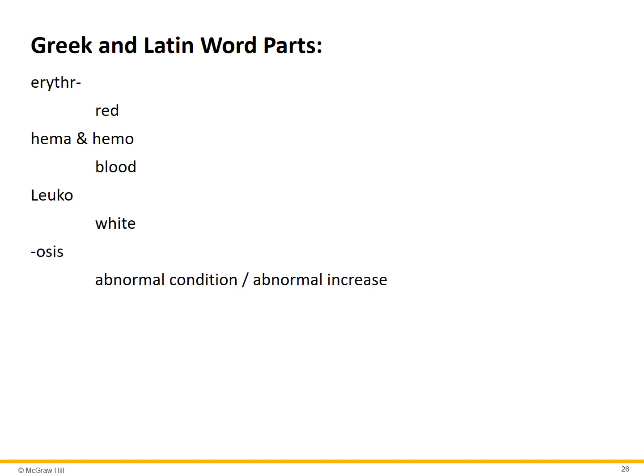Osis means abnormal condition, like cyanosis, where somebody's skin is turning blue. When used with erythro, leuko, or thrombo, it means an abnormal increase. Poiesis means formation, to make or produce.